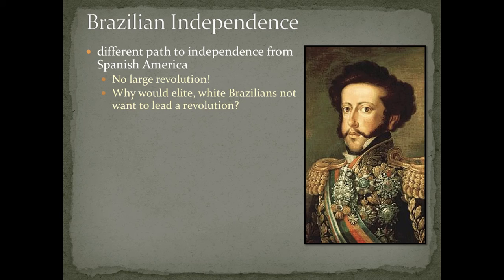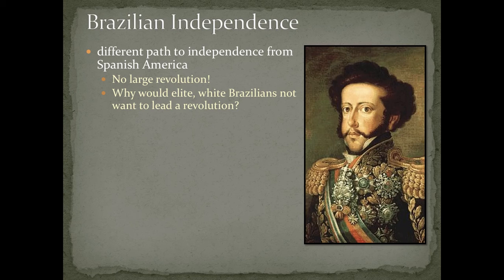So that's going on while all these Creoles in Spanish South America and Mexico are carrying out their revolutions and declaring independence. Brazil staying firmly tied to Portugal. All right. But it also makes sense that the Brazilian Creoles would not want to lead a revolution unless it's under their terms, because, think about it, who makes up the vast majority of the population that are not white Europeans?